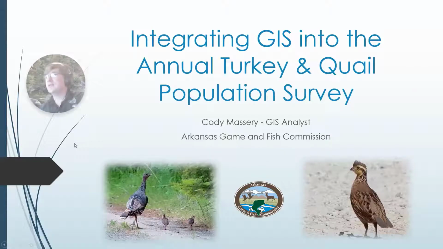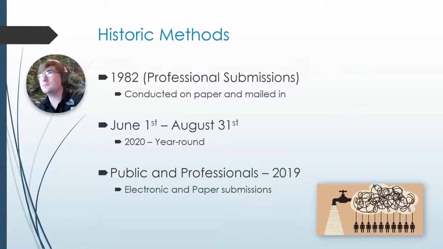All right, so like Chad said, today I'm going to talk to you about a project that we started about 3 years ago, and it was working to integrate GIS into our existing annual turkey and quail population survey. Before I get into the technology side of that, I want to talk a little bit about the history of it.